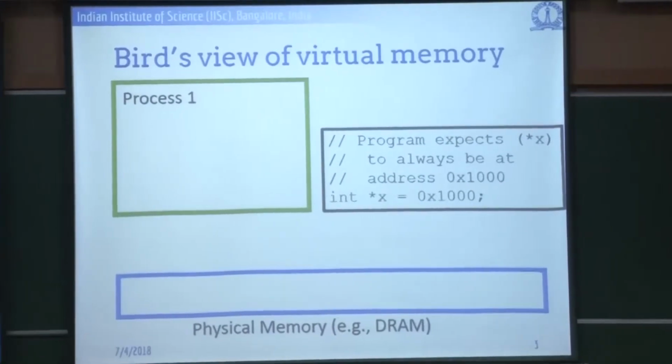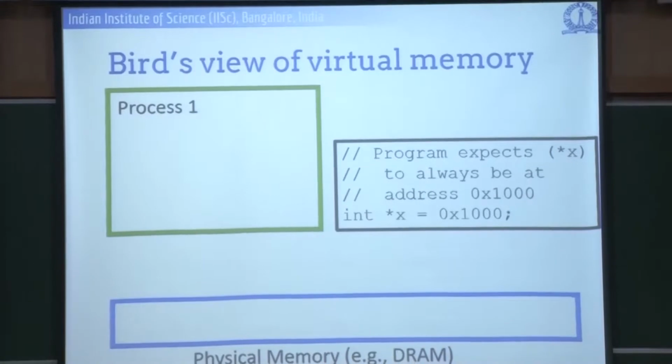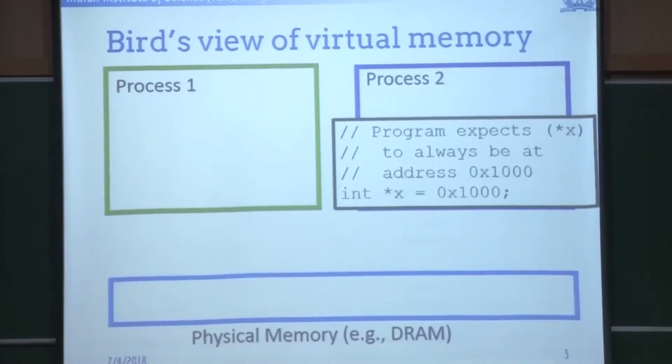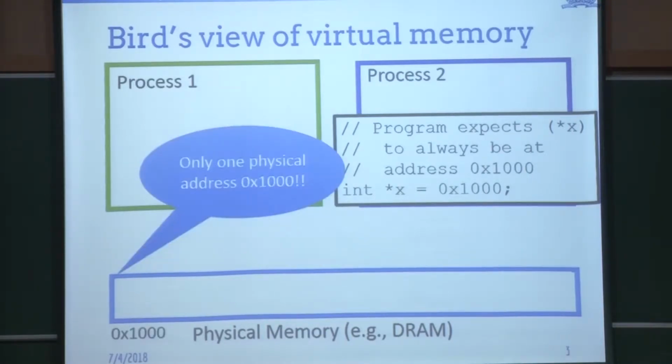Now in a system there could be multiple processes executing at the same time. Let us assume that we have another process, process 2, and it was also trying to access the same address, hex 1000. How can you actually have that? Because in real hardware, you just have one physical address.